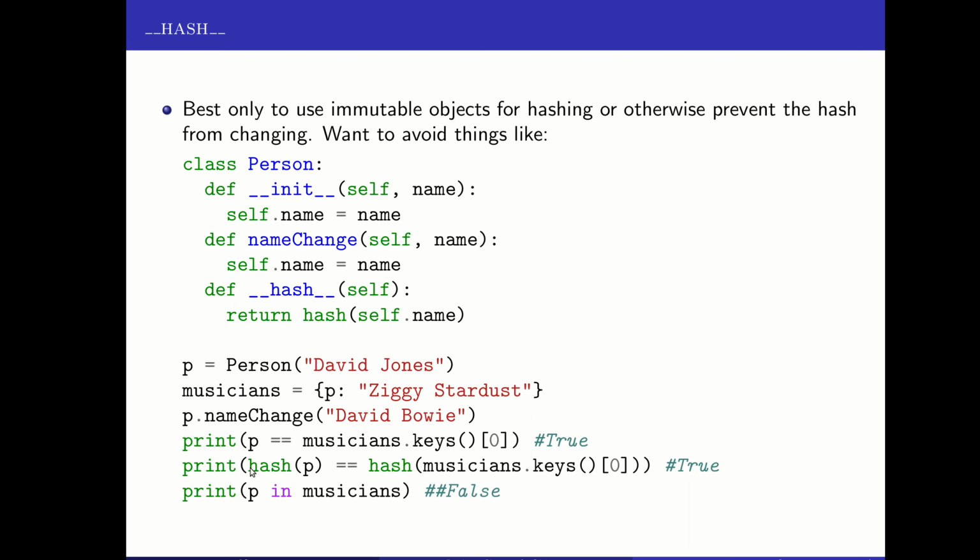I could ask, is the hash of P equal to the hash of that key from the musician's dictionary? It is because we're rehashing here.